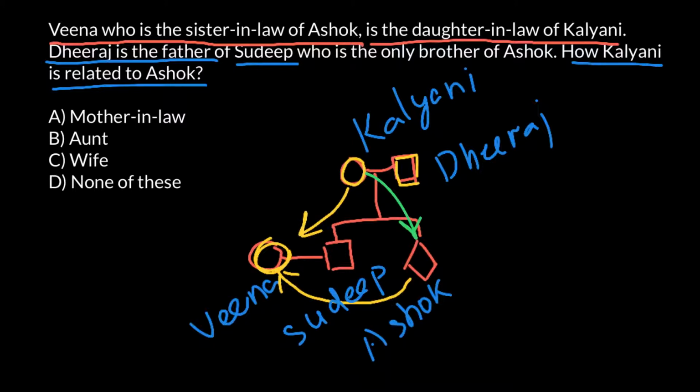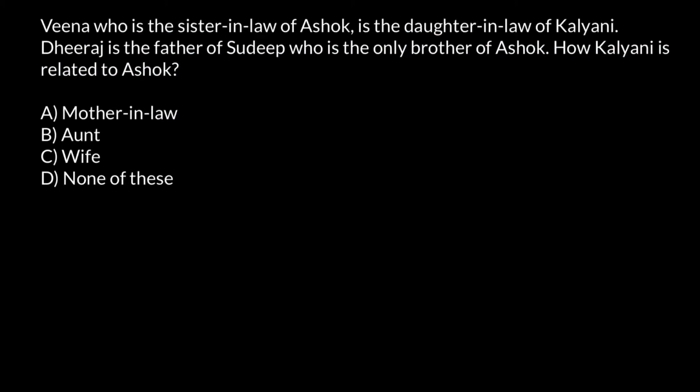She is a wife of their son, so she is a daughter-in-law. And Dhiraj is the father of Sudip, who is the only brother of Ashok. Now, as you see, we cannot choose any of these answers, so let's find what other possible variants exist.